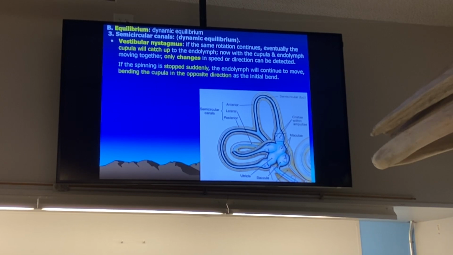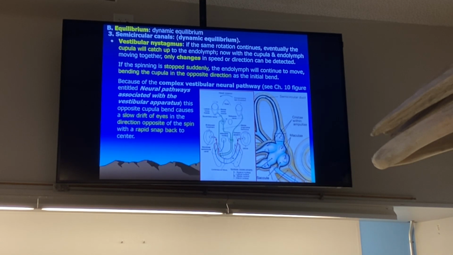And this allows you to track a moving object even though you have a different speed and direction. You can still follow a moving object because of vestibular nystagmus. That's the relevance of it.